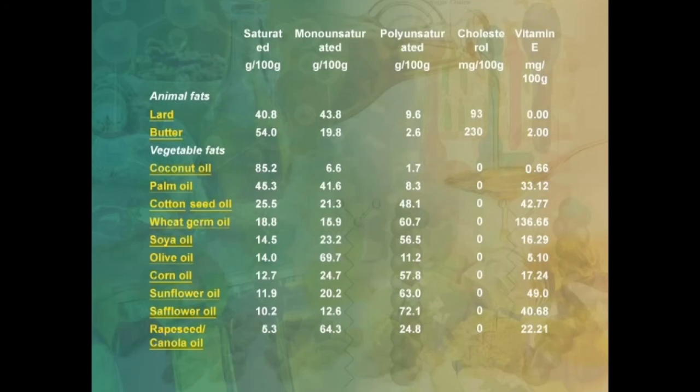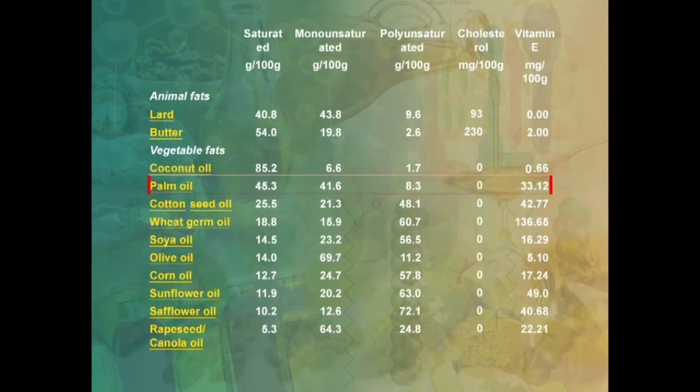This table gives a picture of different fats and oils and their fatty acid compositions. These you can study at your leisure, but what is evident from this is lard, butter, animal fats contain more of saturated fatty acids, and therefore, they are hard or they are fats. Whereas, vegetable fats like coconut oil, which contain a high amount of saturated fatty acid, is again solid and harder at room temperature.